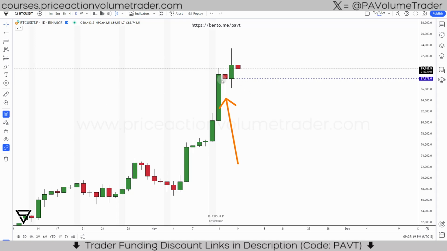In this case, we had a strong move up. We had a day where we have a dip back down and then a close back up, giving us a pretty strong close to this daily candle, indicating that during the end of the day, buyers really stepped in and bought this up.